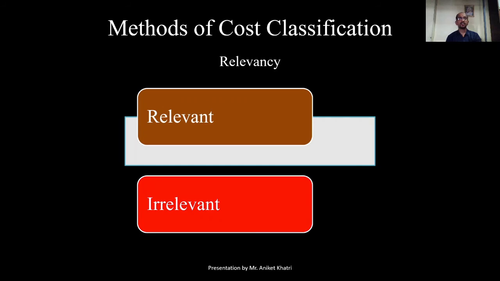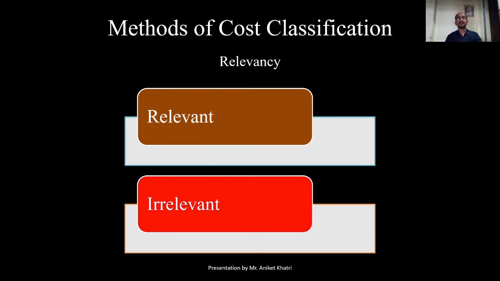So basically, marginal cost is a relevant cost. Irrelevant cost is not related or not concerned with the problem or decision under consideration. For example, sunk cost.